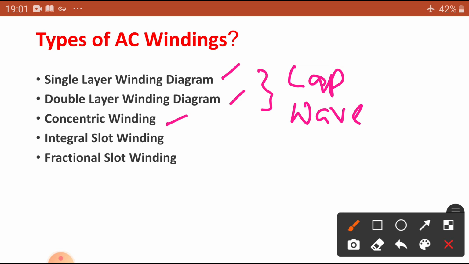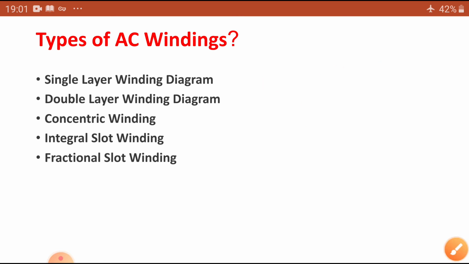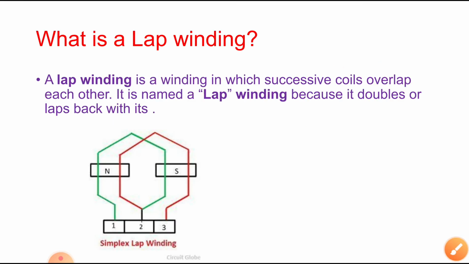Another is the integral slot winding, and another is the fractional slot winding. So these are the different windings for different applications. The majority of machines work on these two types of windings. Okay, so let us go through our topic.